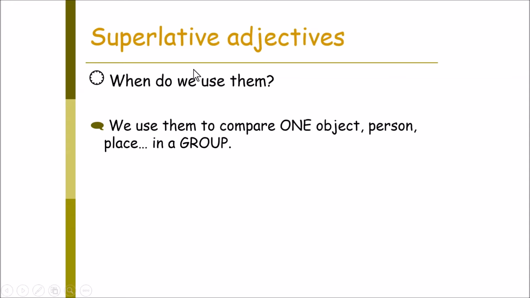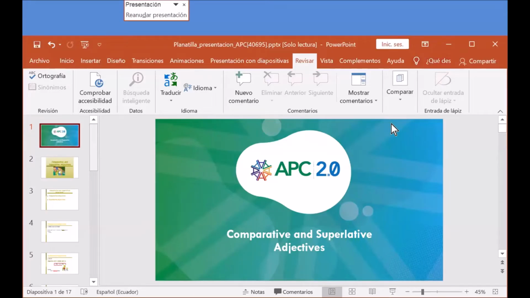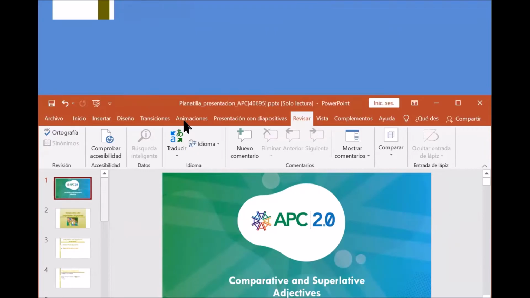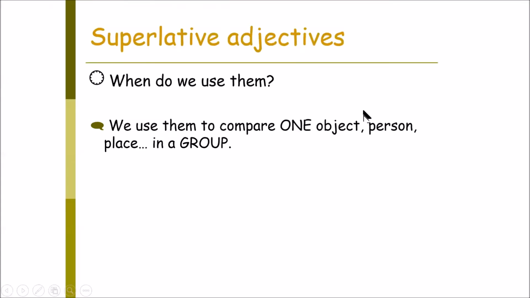So when do we use superlative adjectives? We use them to compare one object, person, place, animal, etc. in a group. Okay, in a group. So let's see the rules.